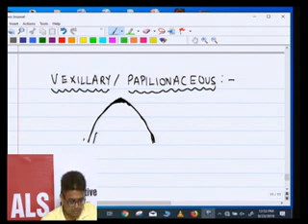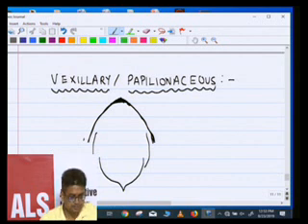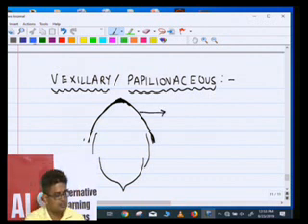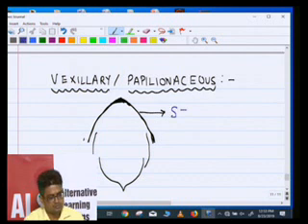And these are the five petals actually. Now this large petal is called the standard or vexillum.